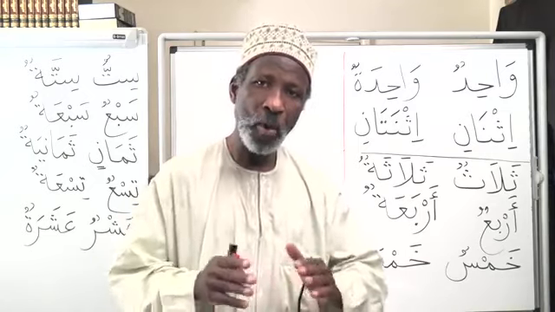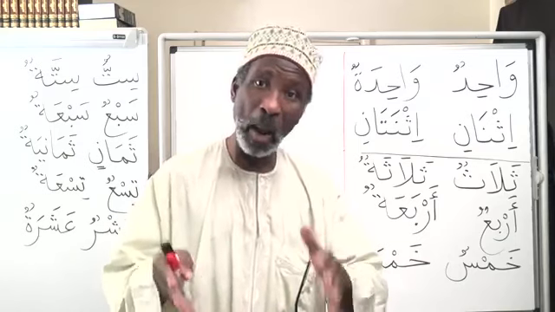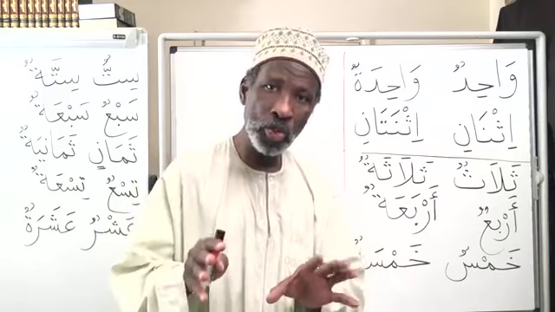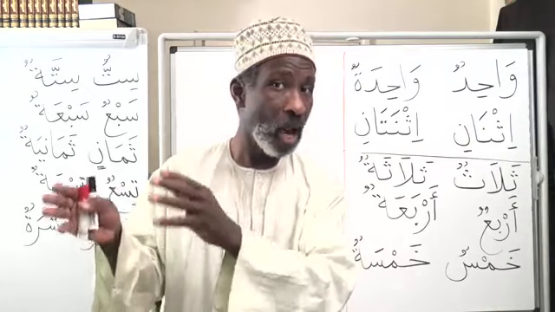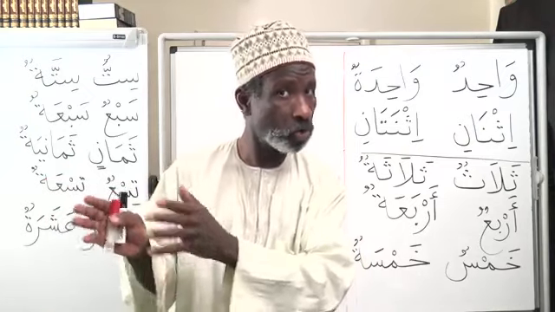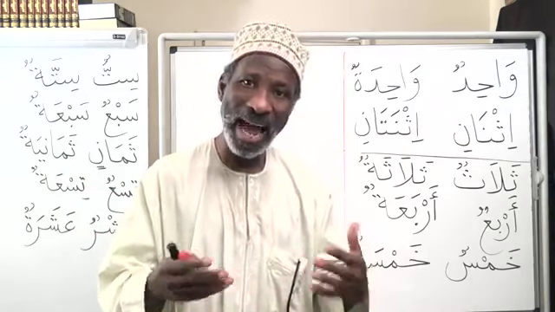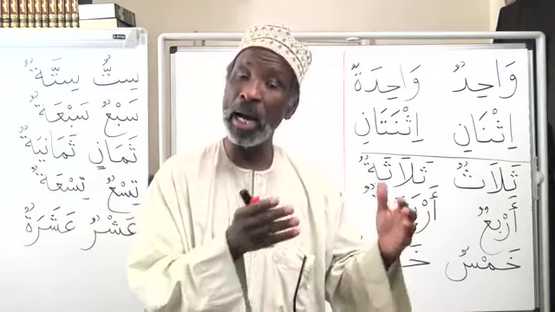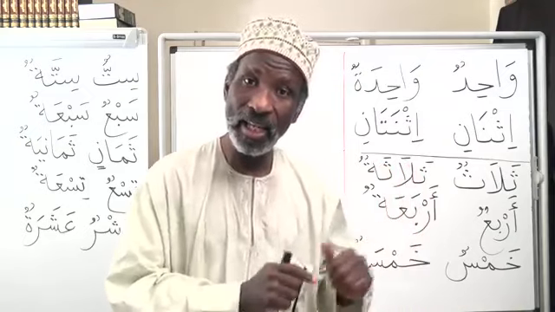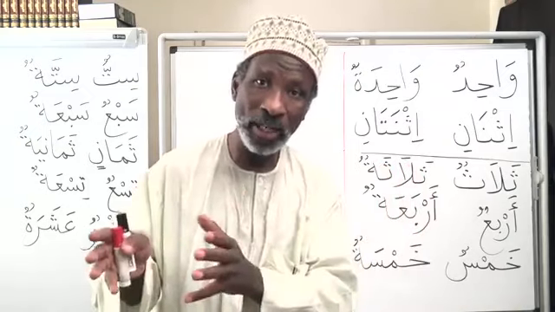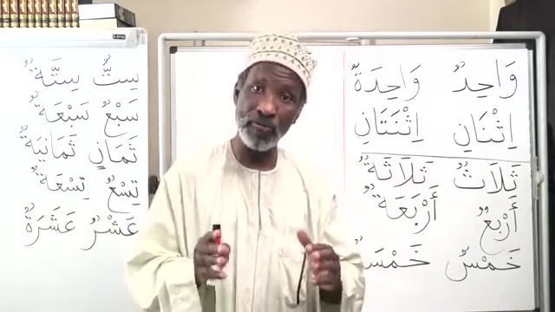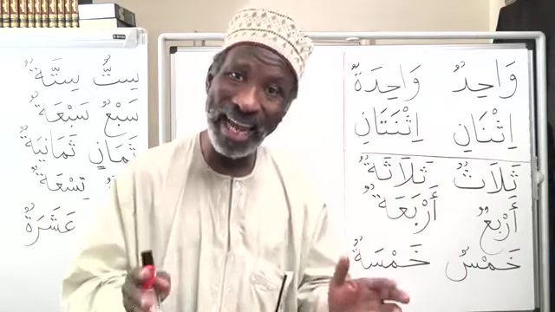Meaning, if you are counting a noun which is masculine, you would choose the feminine version of number 3 to 10. If you are counting a noun or nouns which is feminine, you choose masculine version of number 3, 4, 5, 6, 7, 8, 9, 10.